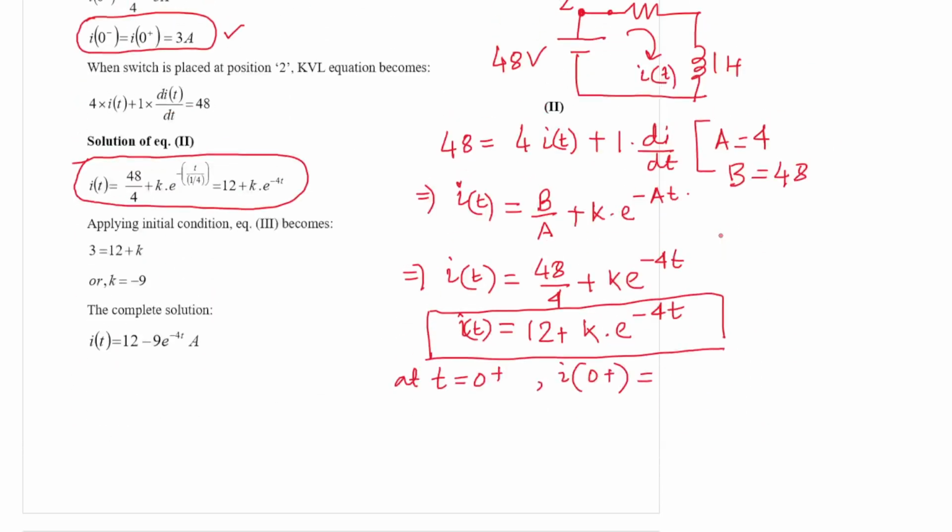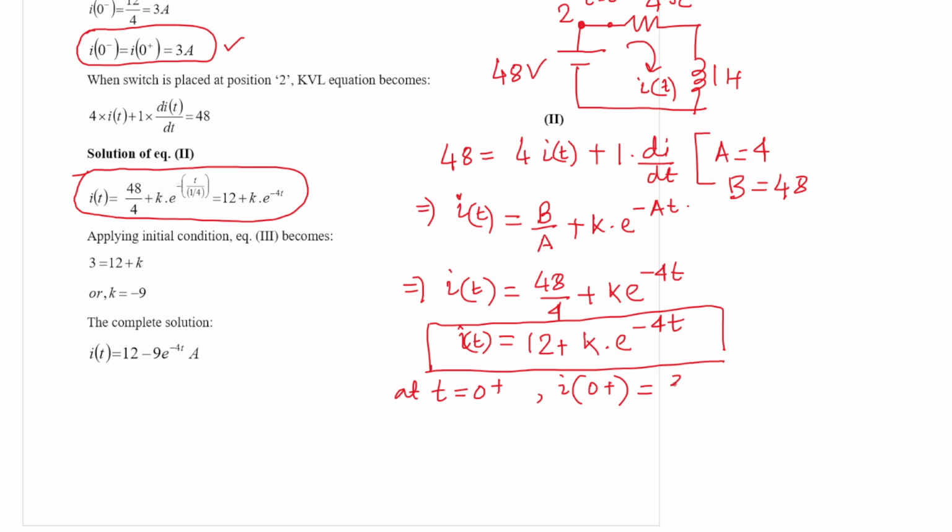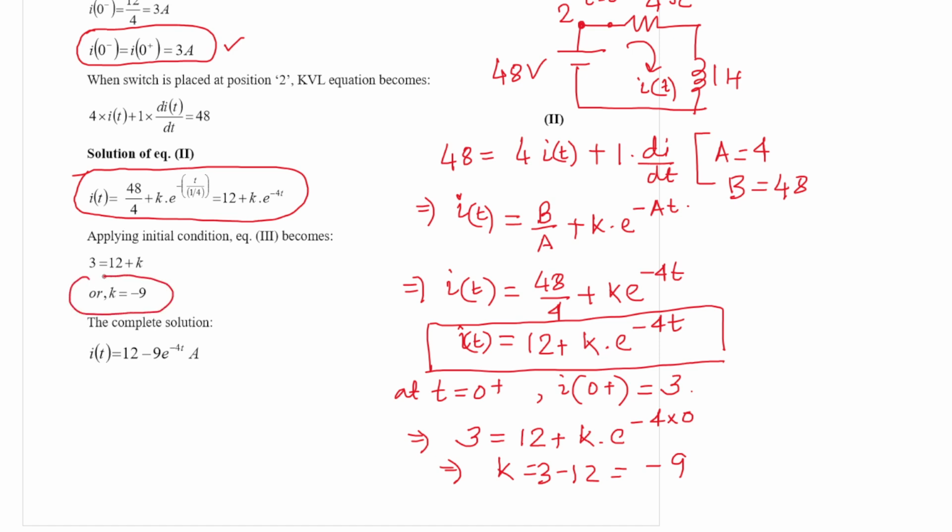So if you put t is equal to 0 here, i becomes 3 ampere. So 3 is equal to 12 plus k into e to the power minus 4 into 0. This becomes 1. So k becomes 3 minus 12, which is minus 9. So your overall answer becomes i(t) equal to 12 minus 9 e to the power minus 4t.